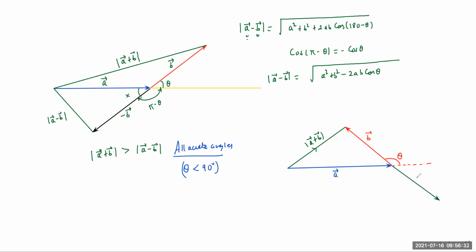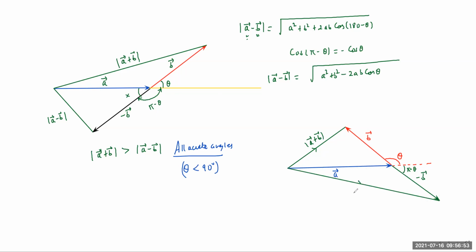But if you make it minus B, the angle becomes 180 minus theta, which is pi minus theta, and this is an acute angle. So now A and minus B make an acute angle, and their resultant is really big.